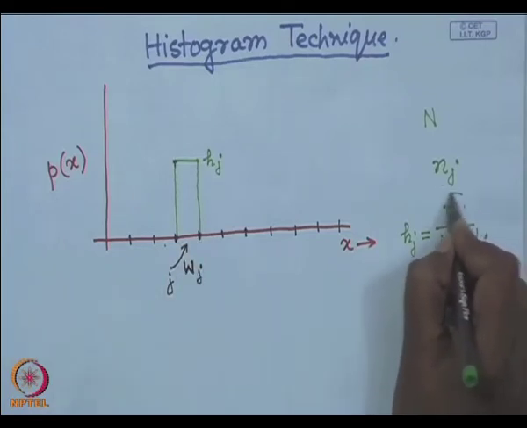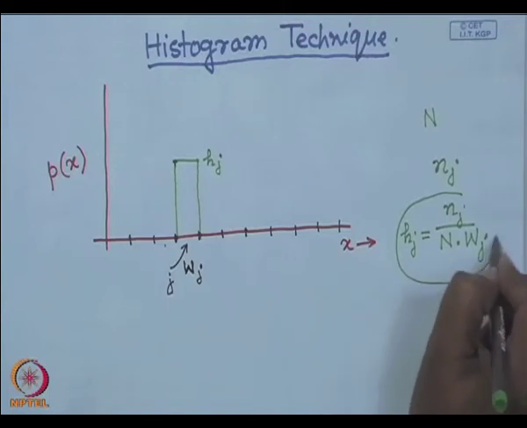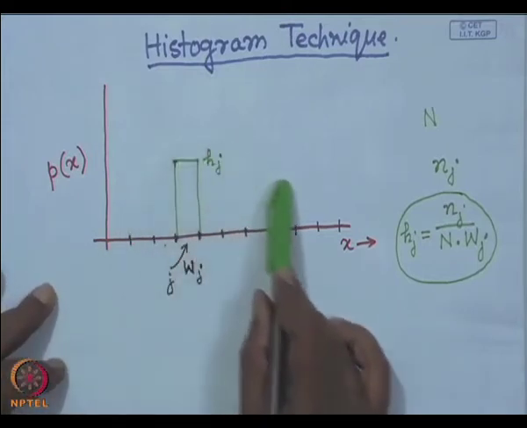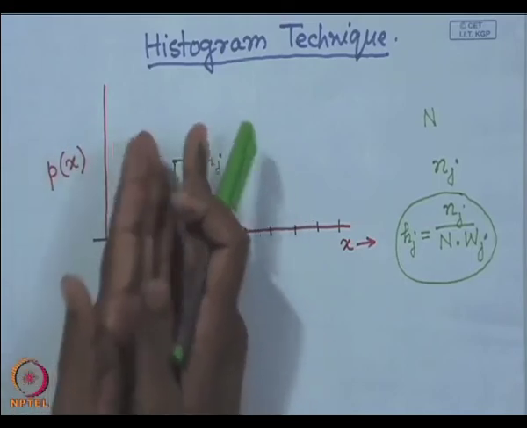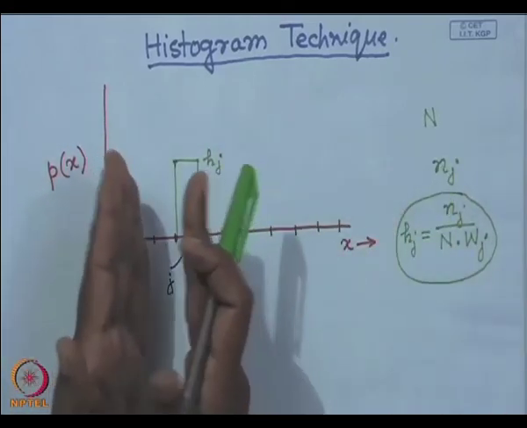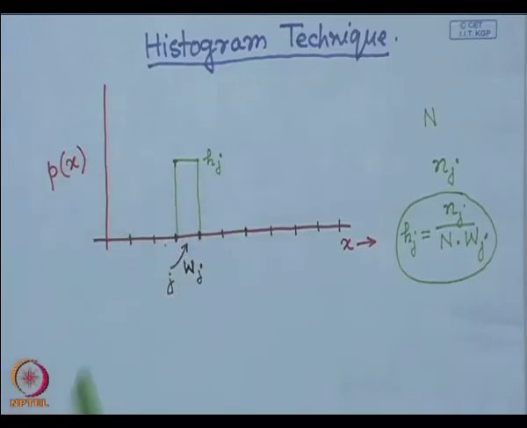Now, this particular computation has a significance. The significance is, if we assume that this histogram, which is a collection of such bars, has to represent or approximate a continuous probability density function or continuous probability distribution function, then the area under this probability distribution function has to be equal to 1.